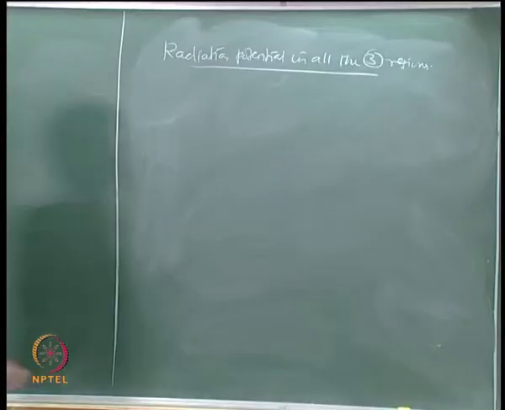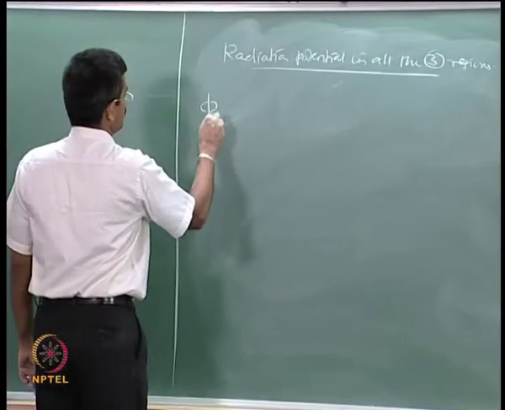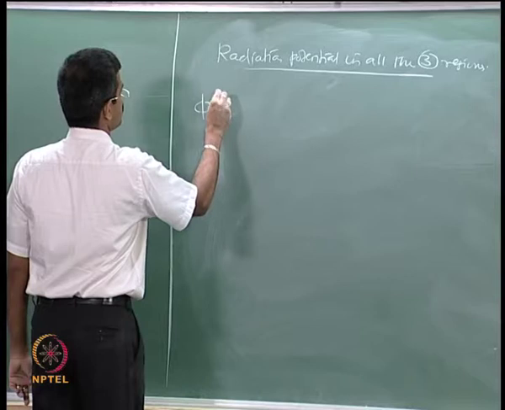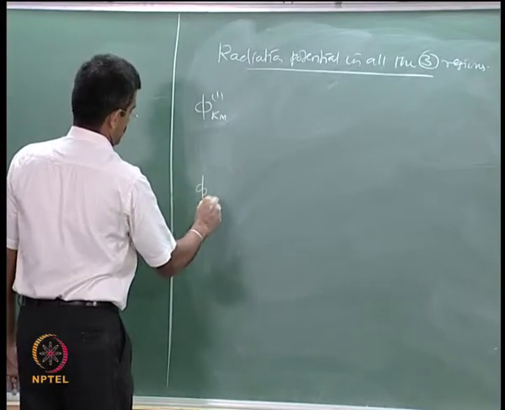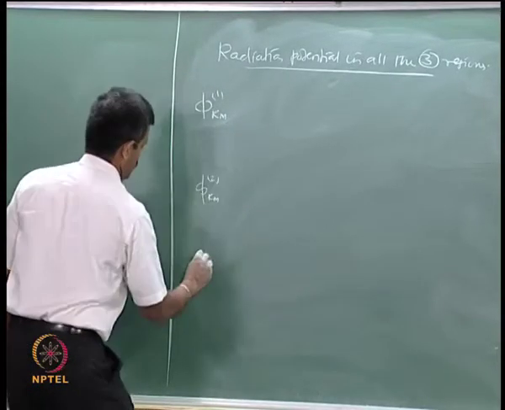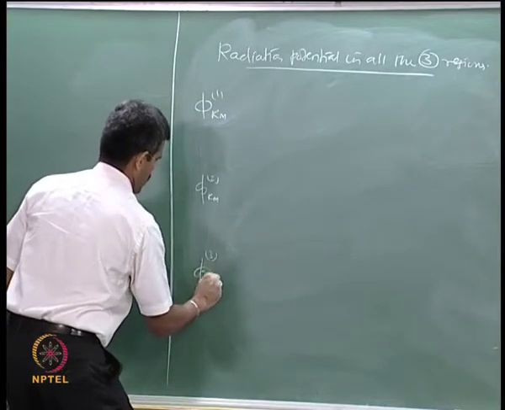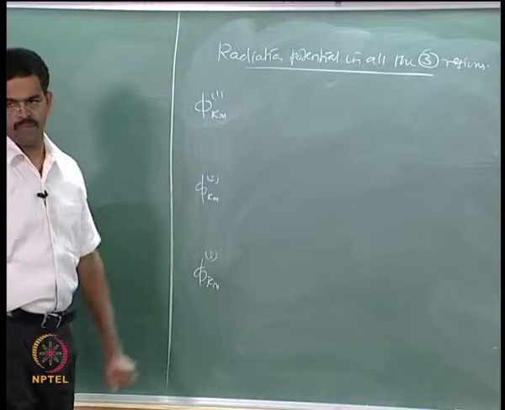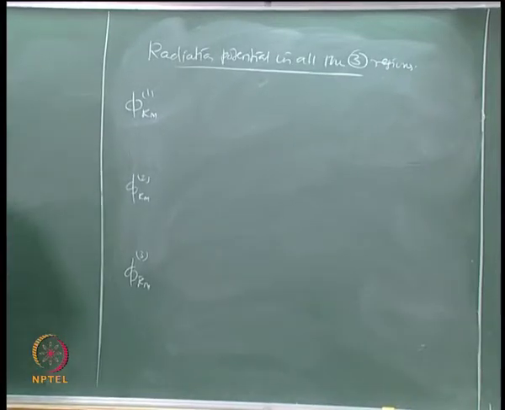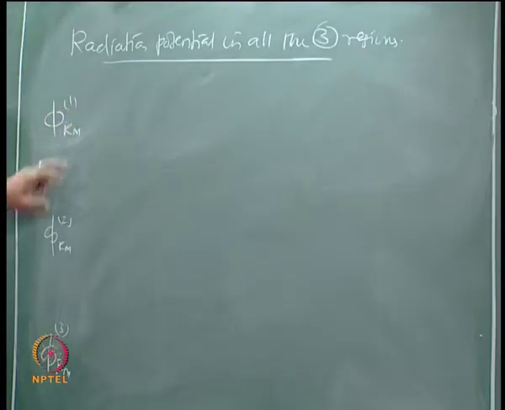We will add similar expressions phi RM1, phi RM2, phi RM3. R stands for radiation and M stands for the specific mode, and the superscript 1, 2 and 3 stands for the regions 1, 2 and 3.